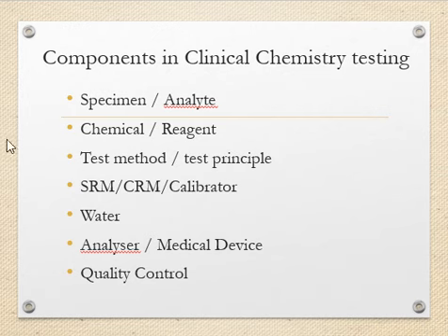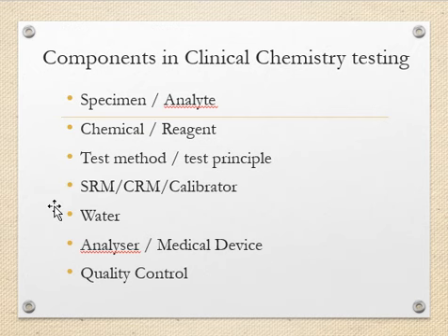So, the components in clinical chemistry testing, as I just discussed, we go through again. First, we need the specimen, in which the specimen contains the analyte of interest. Of course, we need chemical or reagent to detect the analyte of interest, and the reaction between the chemical or reagent towards the analyte or specimen is called test method or test principle.